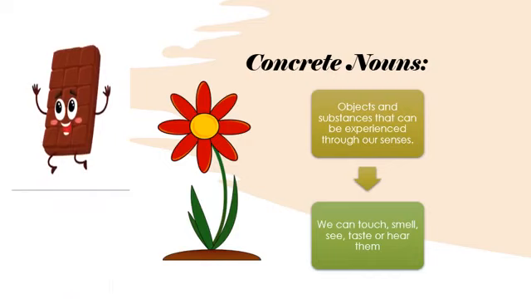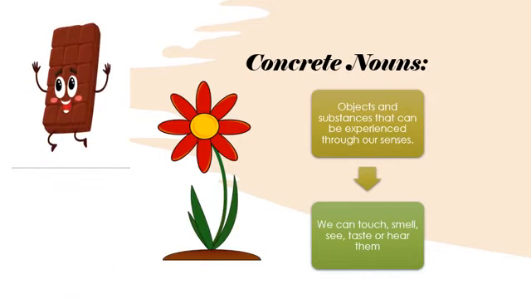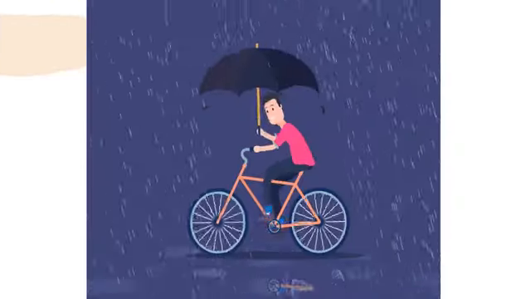Just look at the second picture. What can you see? A chocolate. And how do you know that it is a chocolate? Because you can taste and touch it. You can smell it as well. Again, you are using your senses, so that is a concrete noun.